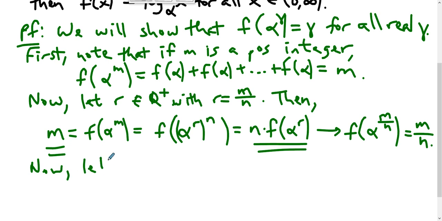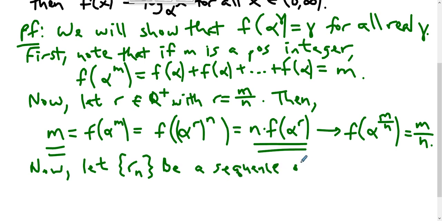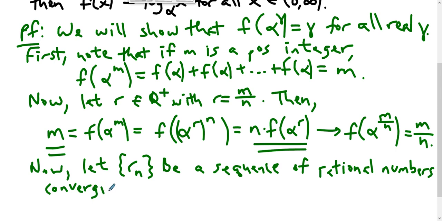Now, take a sequence r sub n. Let it be a sequence of rational numbers converging to gamma, which is some real number.